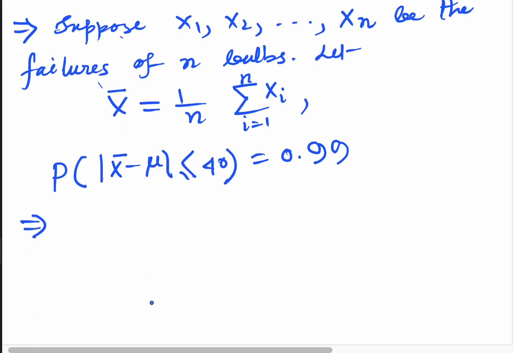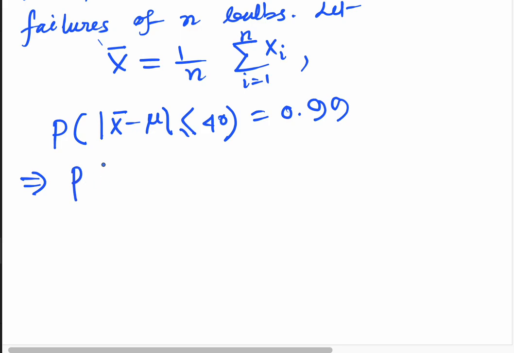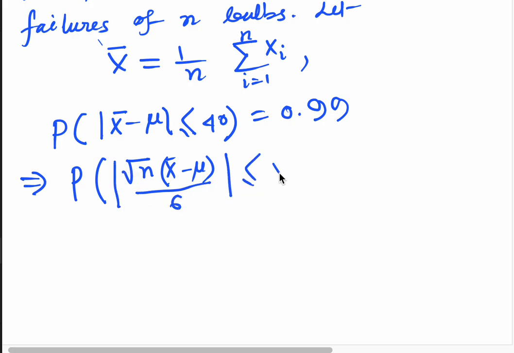So we can write it as follows: probability of root n mod x bar minus mu by sigma less than root n times 40 by 8 should be equal to 0.99.